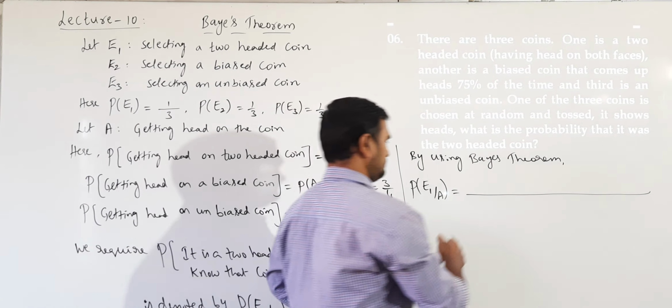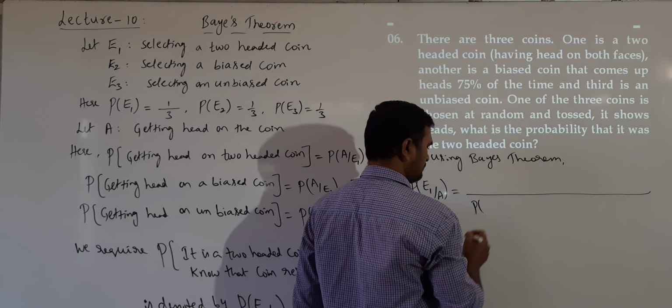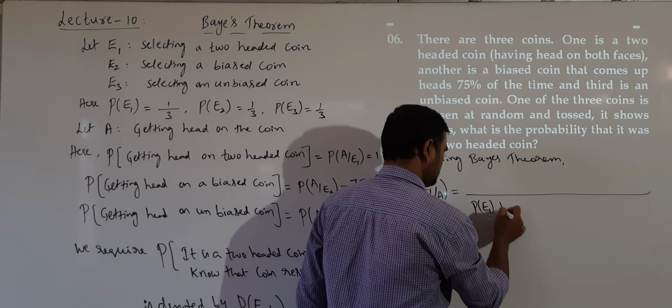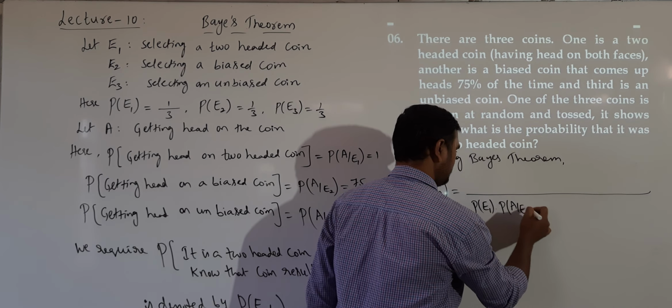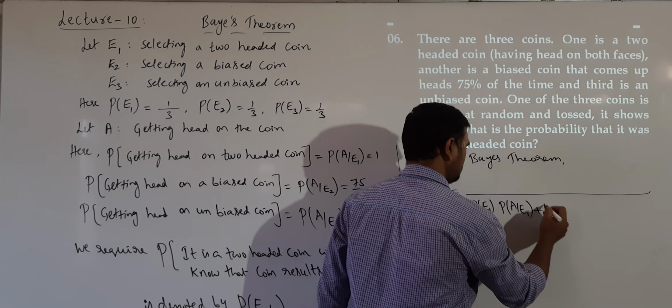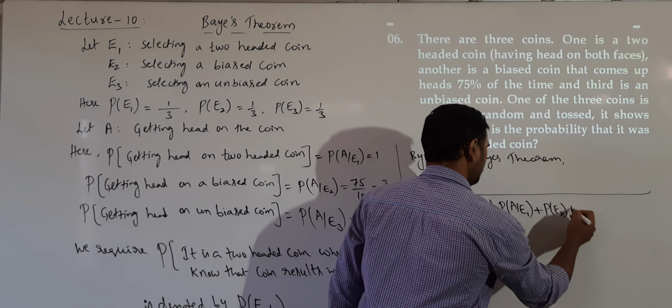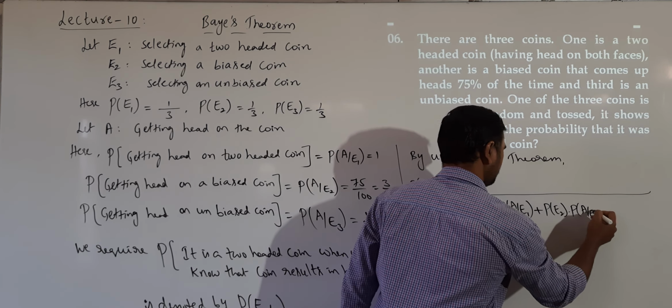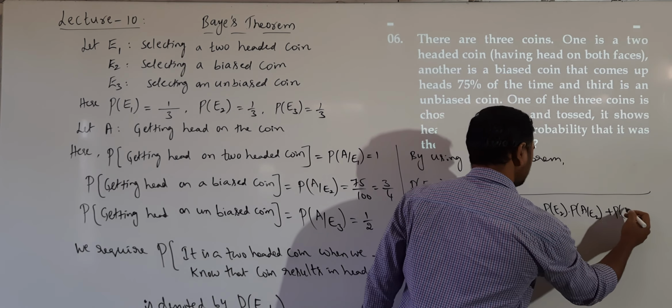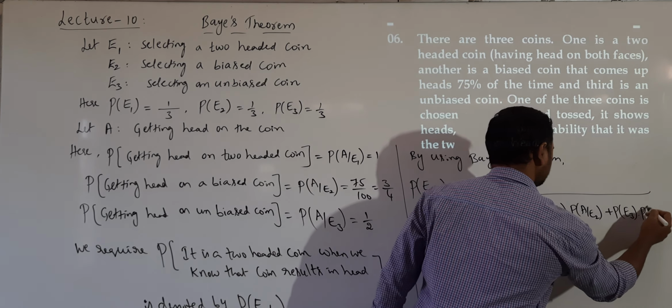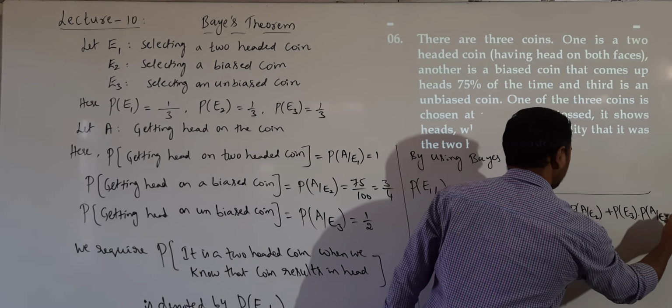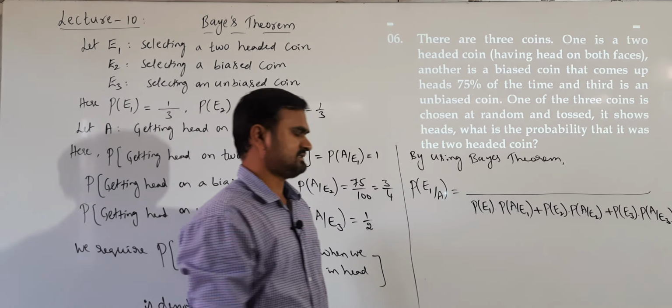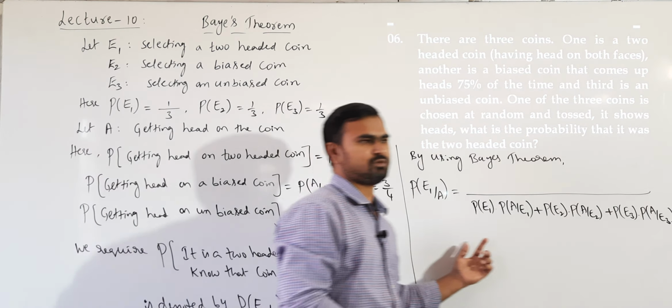So the denominator is the total probability: selection of first coin and getting head, or selection of second coin and getting head, or selection of third coin and also getting head, P of A given E3. This is the denominator, that is total probability.